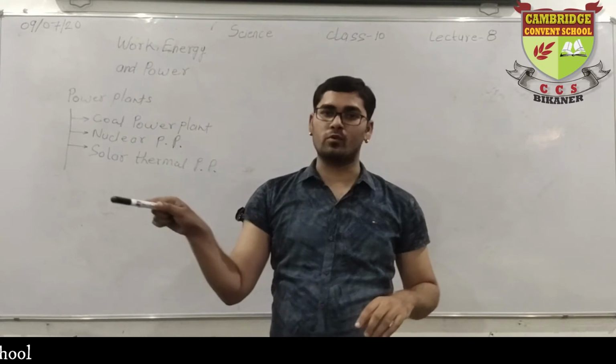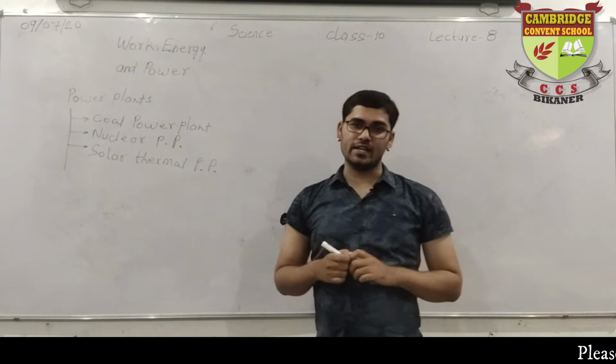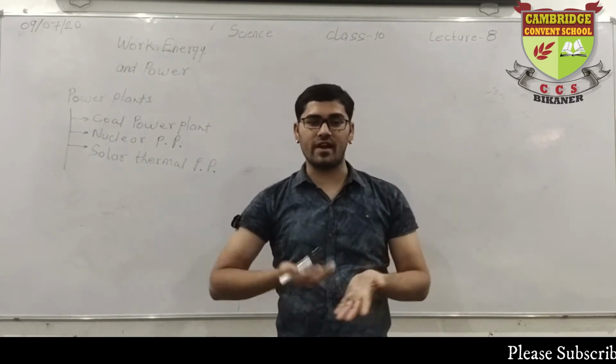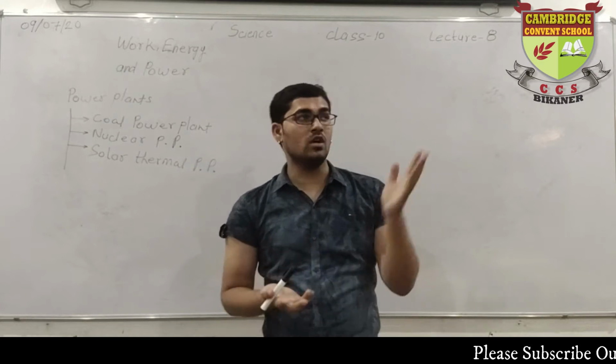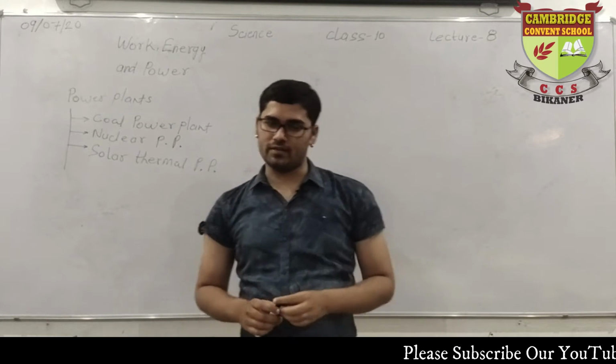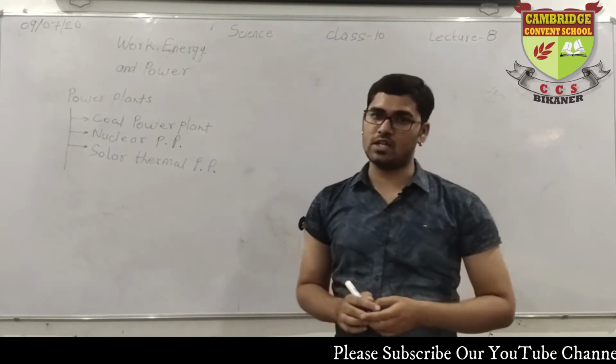But at the output, the type of energy we desire is electrical energy, so that we can use it in factories to run machines, in our homes to run all the electrical appliances, etc. So these places are known as power plants.